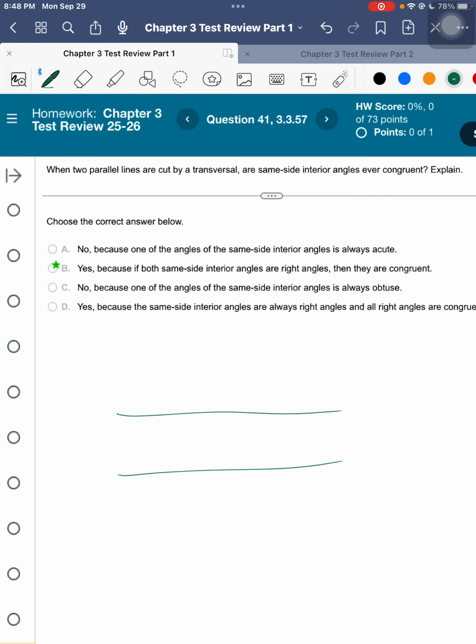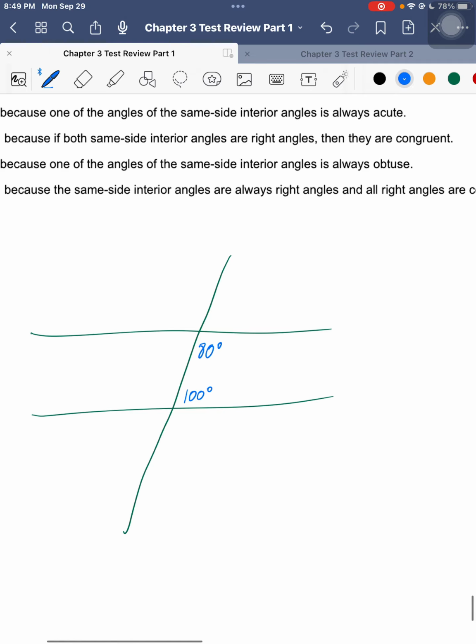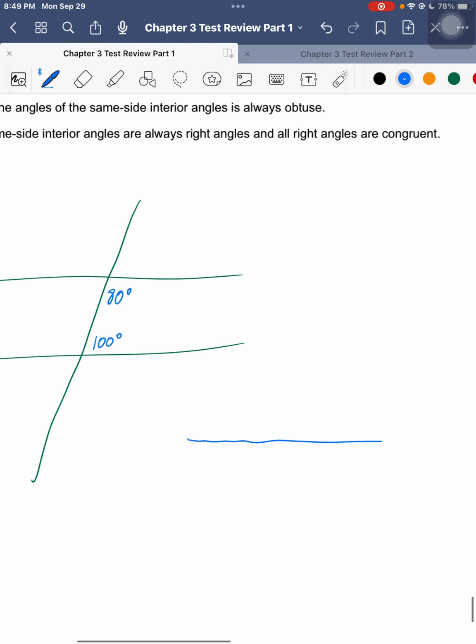And now last one. On your test, when two parallel lines are cut by a transversal, are the same side interior angles ever congruent? Well, here, if this angle is 80 and this angle is 100, are they congruent? No. So was your answer no?